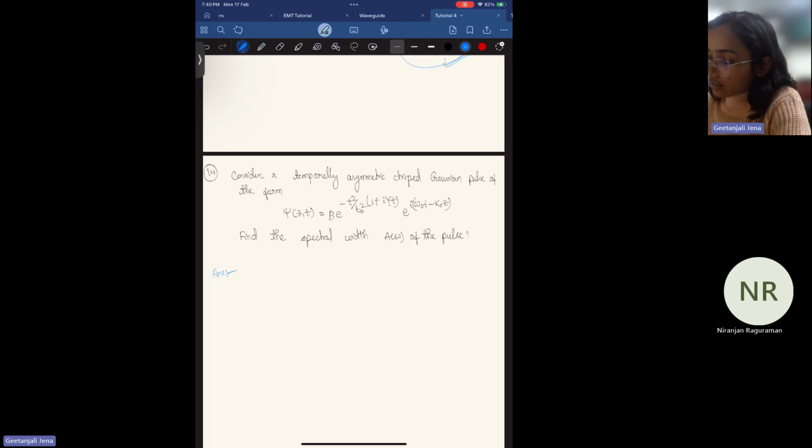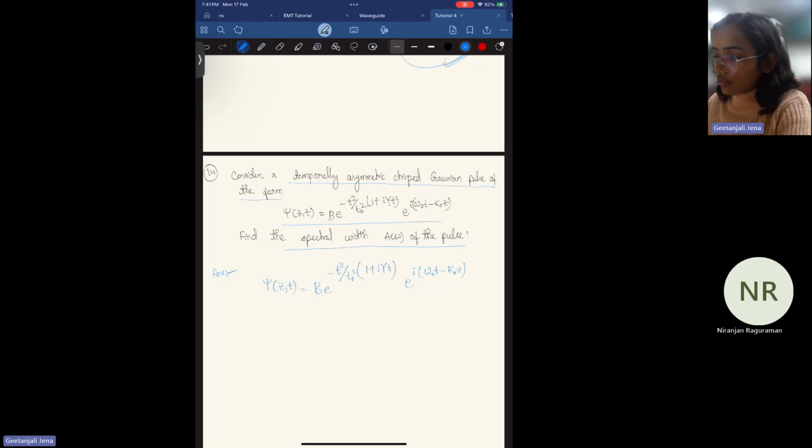So we have a temporally asymmetric chopped Gaussian pulse of the form psi of z,t is B e to the power minus t square by T0 square, times 1 plus i gamma t, times e to the power i omega 0 t minus k0 z. So for this chopped pulse, what is the spectral width of the pulse?